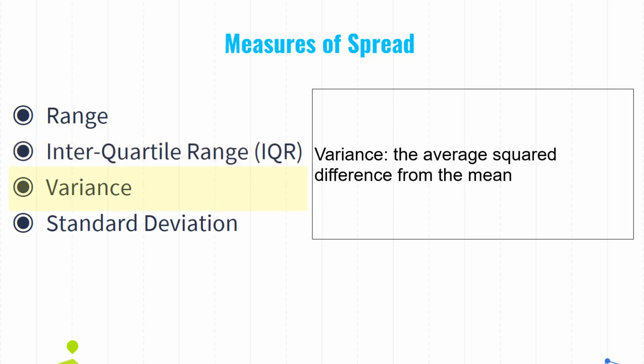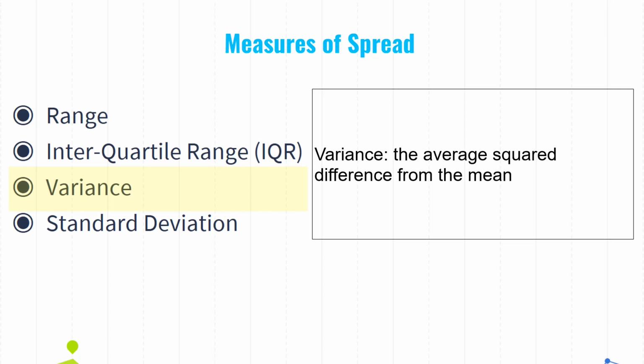Variance is a little more sophisticated measure of spread. It is, and bear with me, the average squared deviation from the mean. So for every value in our data set, we say, how far is it from the mean? What's the difference? Well, square that difference. Now average all those squared differences.